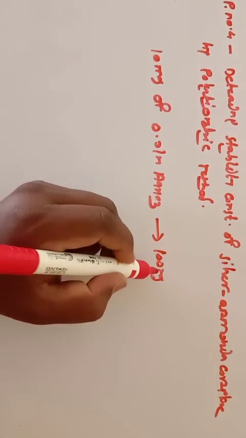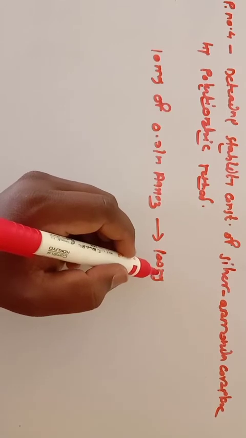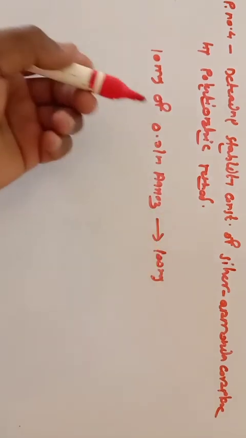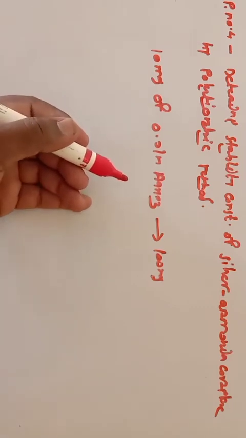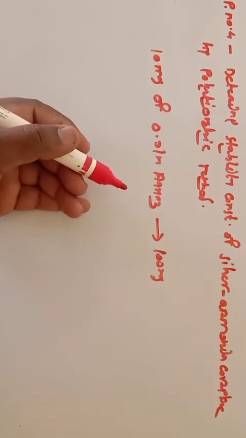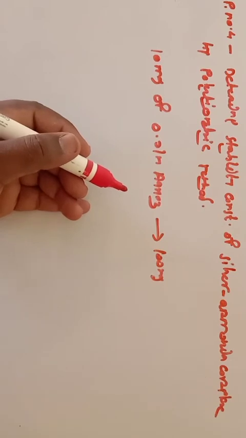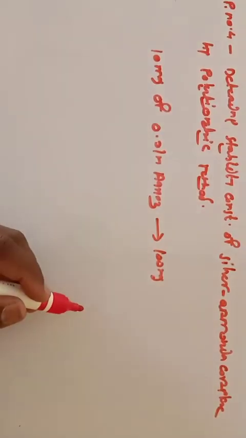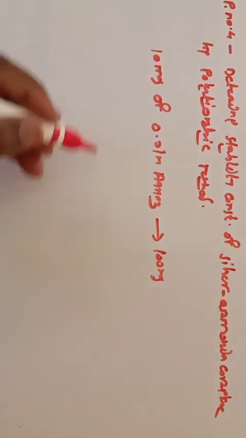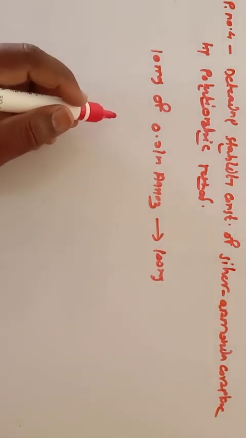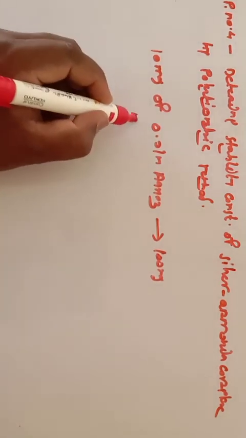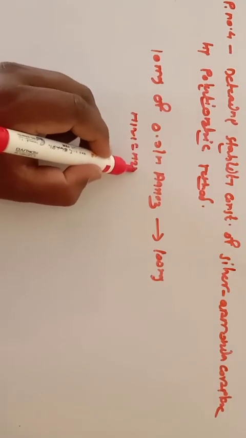Therefore, after dilution, the concentration of the complex is 0.001 normal, and it is also true for all the solutions. So whatever concentration of 0.001 normal AgNO3 we discuss, it is the same concentration for the silver ammonia complex, that is N1V1 equal to N2V2.